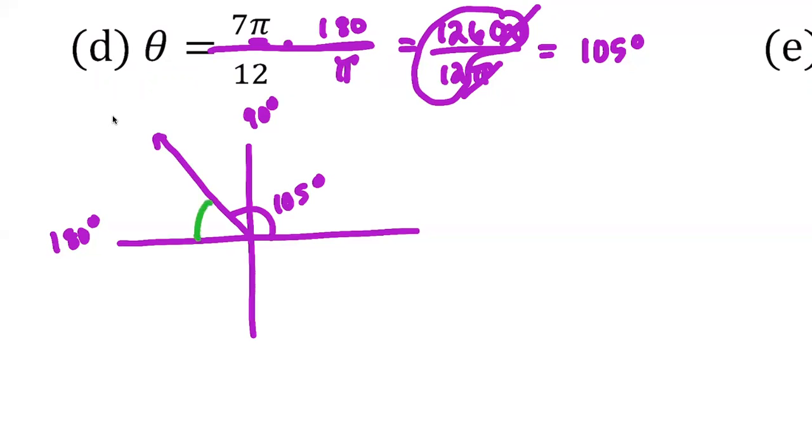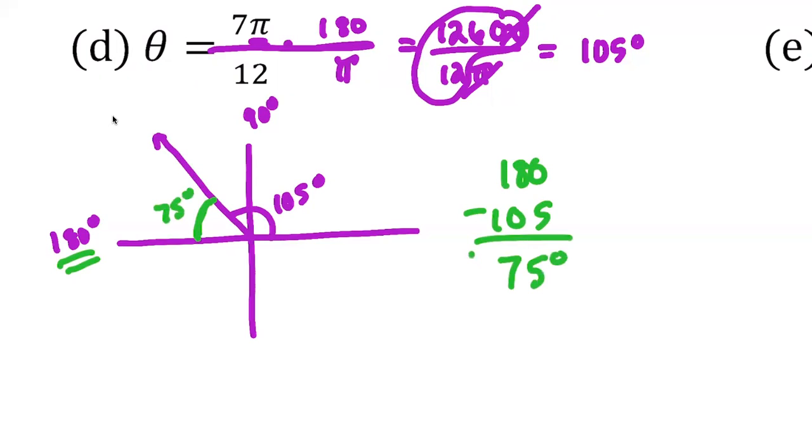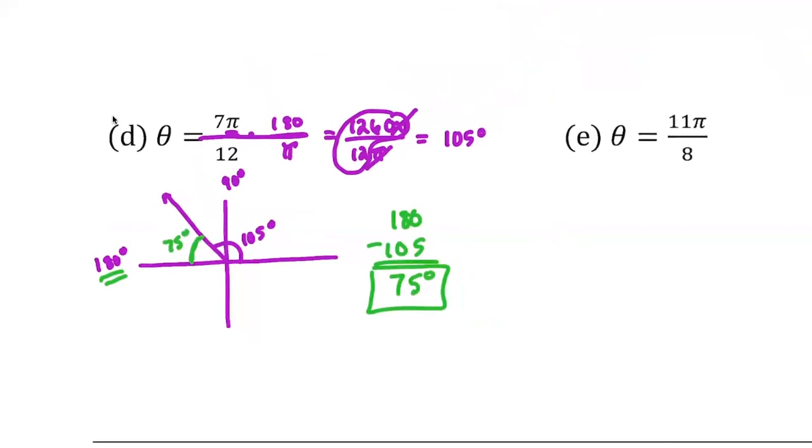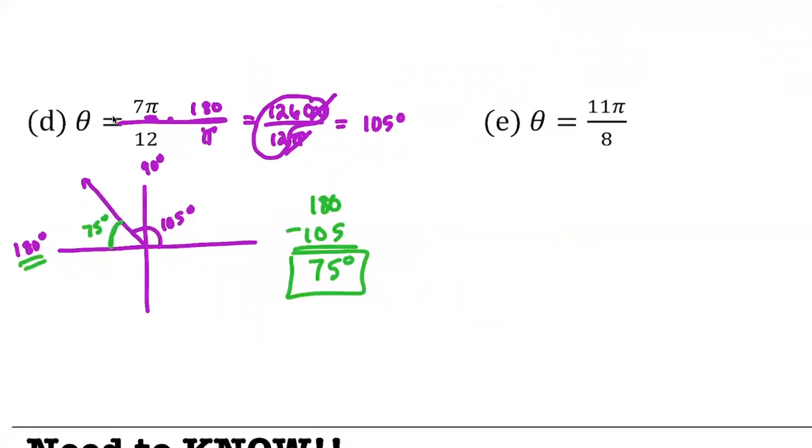This angle would be the reference angle. We can use the fact that halfway around is 180 and we're only going to 105. So all we have to do is take 180 minus 105 to find our reference angle, and that angle is 75 degrees. So that is our reference angle. Depending on where your quadrant falls, it really just depends.